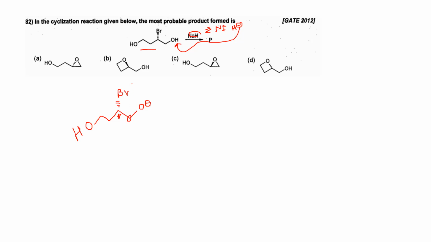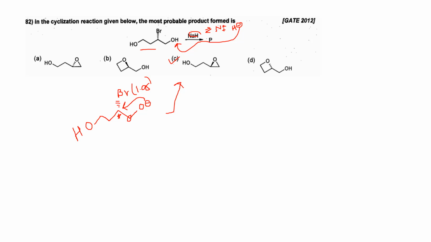Here bromine acts as the leaving group. Bromine is below the plane, so the nucleophile will come from above the plane. So the new bond formation will be above the plane. So the correct option will be option C.